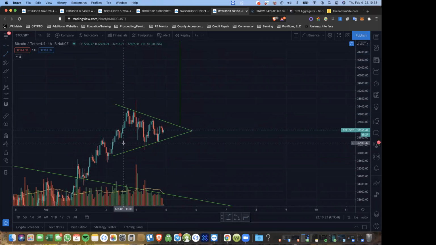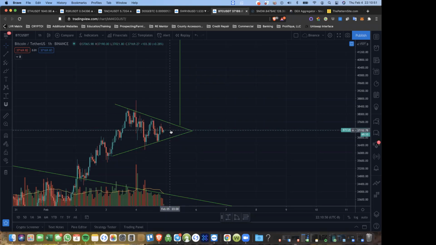So like 0%, 10%, 20%, 30%, 40, 50, 60, 70, 80, 85, 90. Usually Bitcoin likes to take its time and will go all the way through, or we might see it right here.